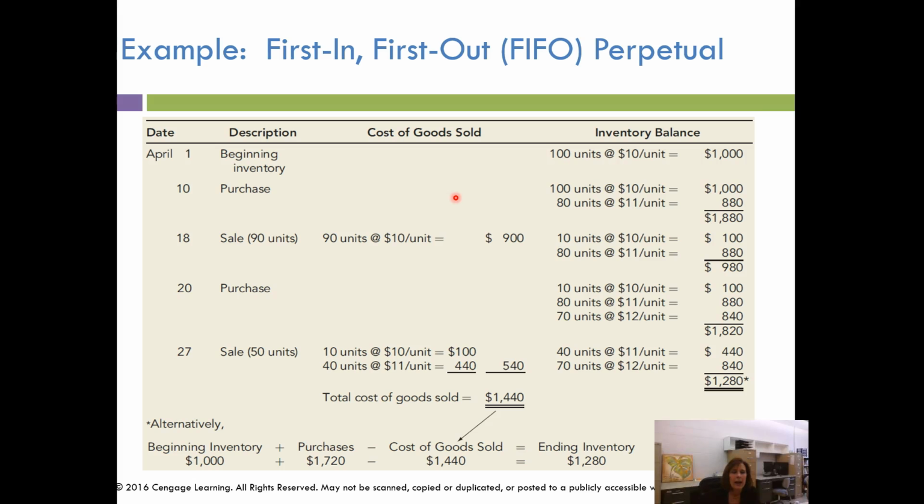So then what's left is part of the first purchase date and all of the second purchase date, and that's what goes into our ending inventory.